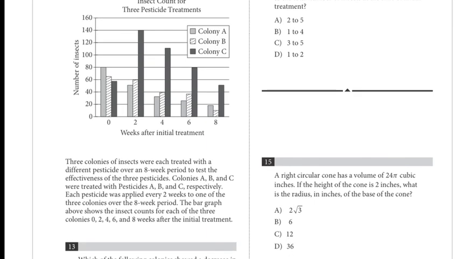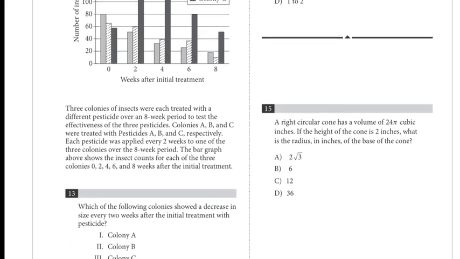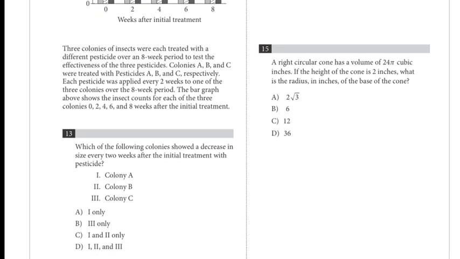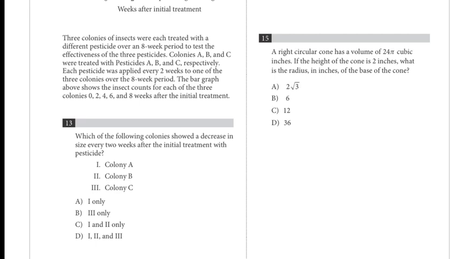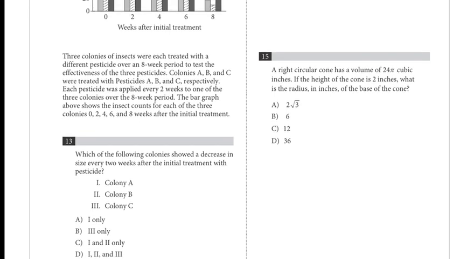So let's look at the questions here. Number 13 asks, which of the following colonies showed a decrease in size every 2 weeks after the initial treatment with pesticide? Colony A, B, and C, 1, 3, 1 and 2 only, 1, 2, and 3. So we want the ones that decrease every week after the initial treatment.